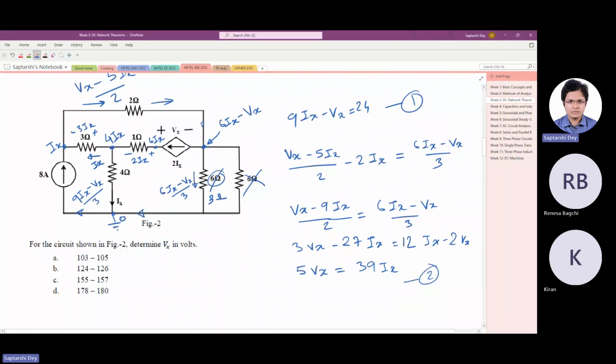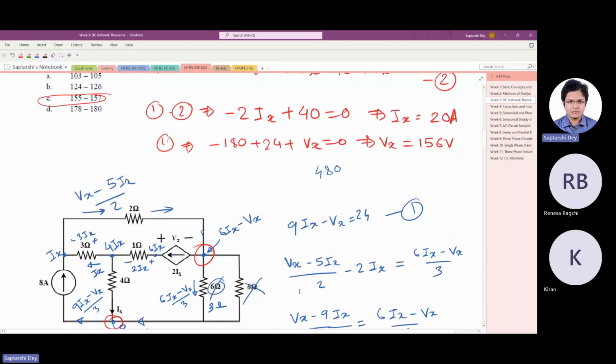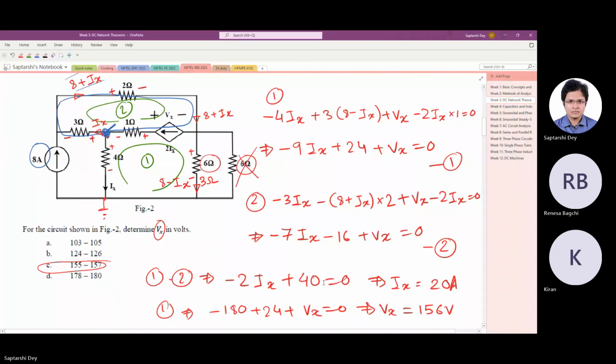So in this way, basically what we are doing is applying KCL at this node and this node, and getting some equations which we can solve and get the final answer. But in this circuit, KVL or mesh operation is much easier, as it seems.